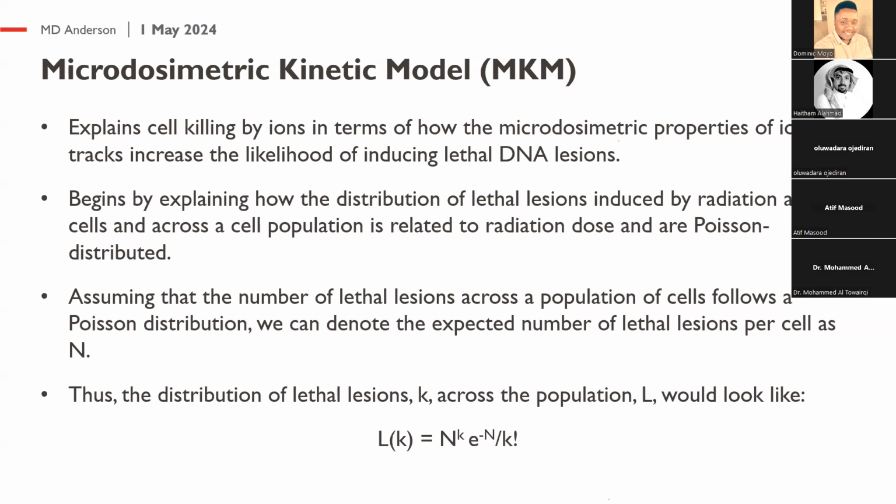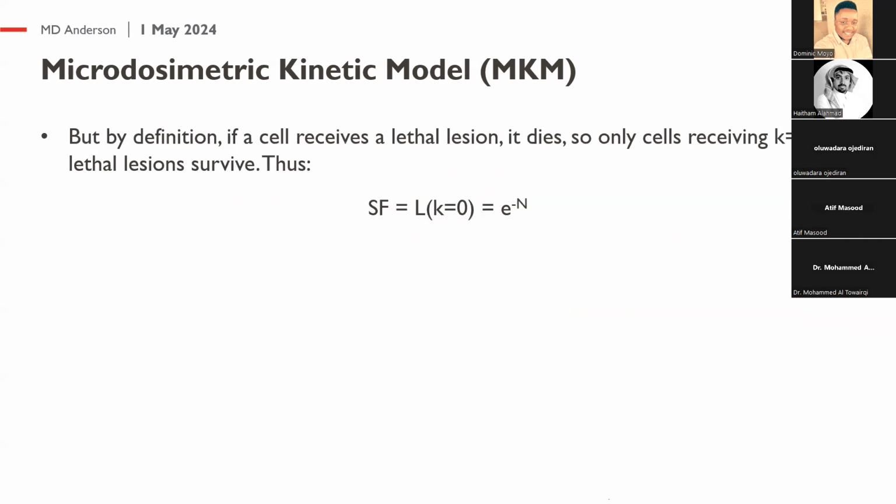Since we are assuming that the distribution of lethal lesions across a cell population is Poisson distributed, that distribution should look basically like this, a Poisson distribution with the Poisson parameter N. Now, by definition, lethal lesions kill cells. So the only way that a cell will survive a given radiation dose is if it receives 0 lethal lesions.